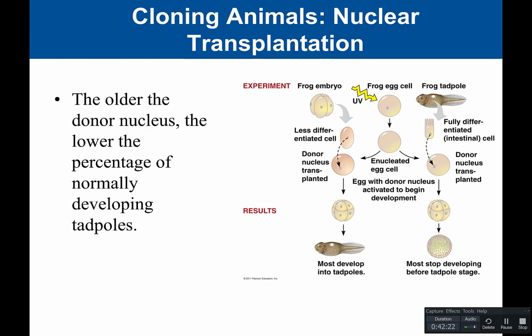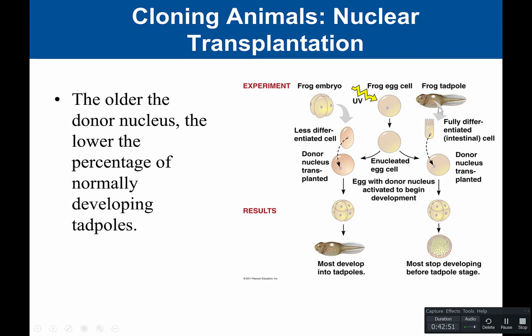However, the older the donor nucleus, again, the lower the percentage of it actually giving rise to developing animals. So they did an experiment where they did that nuclear transplant, but instead they compared what happened if they used cells from a frog embryo versus cells from a frog tadpole. And in the tadpole, they used fully differentiated intestinal cells.